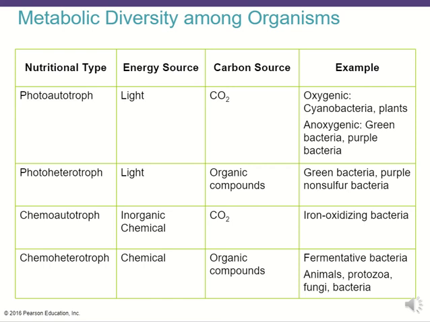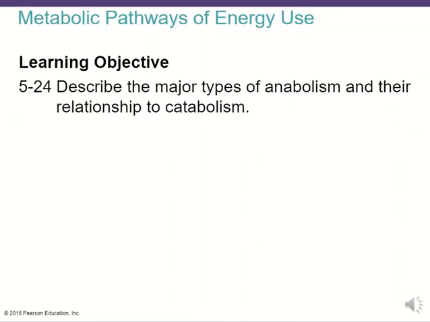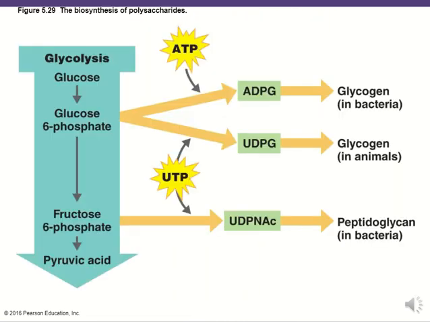So, basically, organisms use different pathways. Another molecule of importance, instead of adenosine triphosphate, is uracil triphosphate, or UTP.